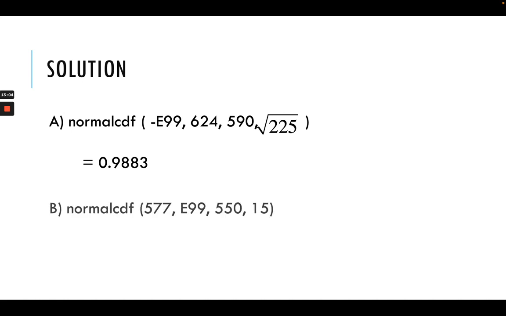Then for B, our setup should look like this. We have our lower bound as 577, our upper bound E99, our mean as 550, and then the standard deviation was 15. And that should come around as 0.0359.